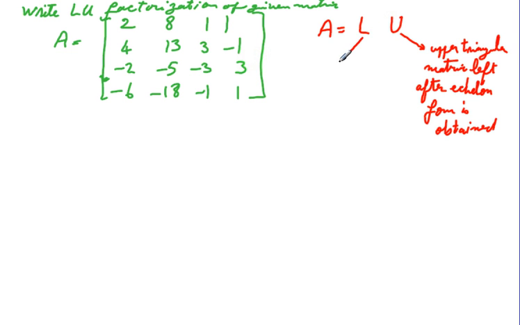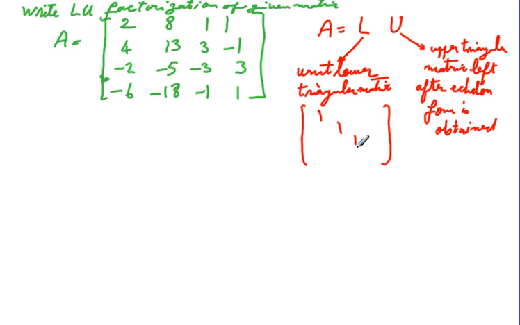L is going to be a unit lower triangular matrix of this type. So it's ones here, that means it's a unit. Up here is going to be all zeros. Down here, the numbers that are going to sit in these places are the negative of the multiples you have been using.